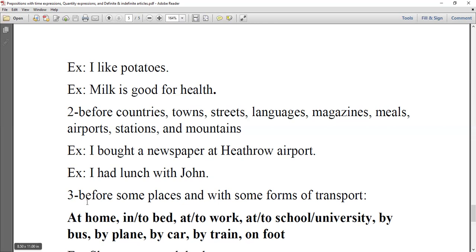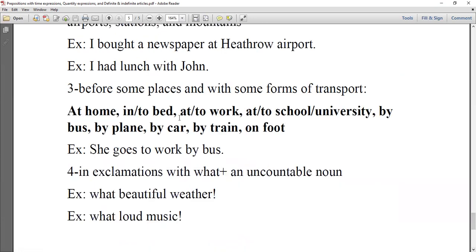Also, we don't use definite and indefinite articles before some places and some forms of transport. For example, at home, we don't say "at the home," just at home.